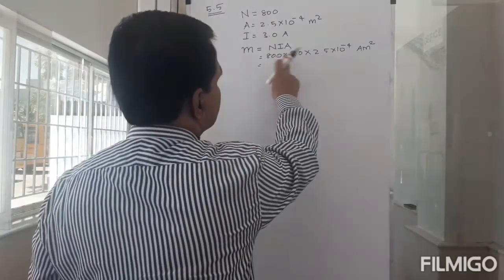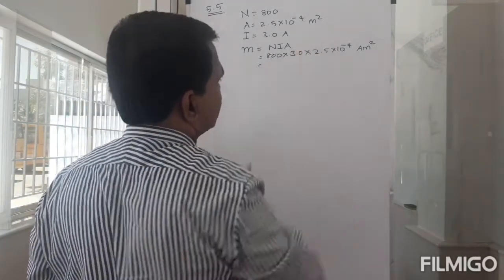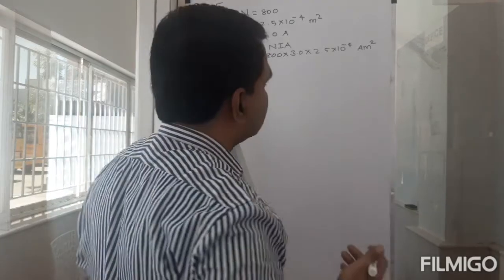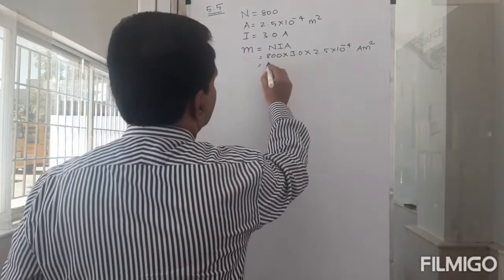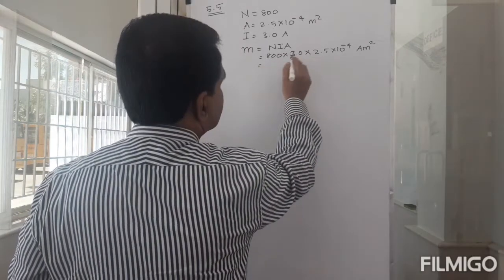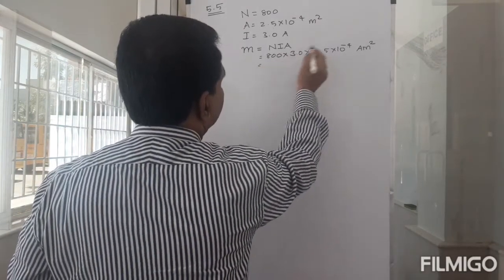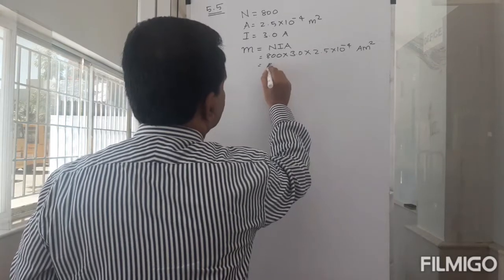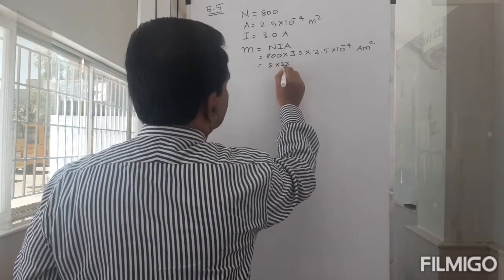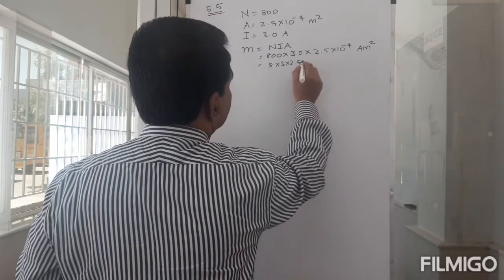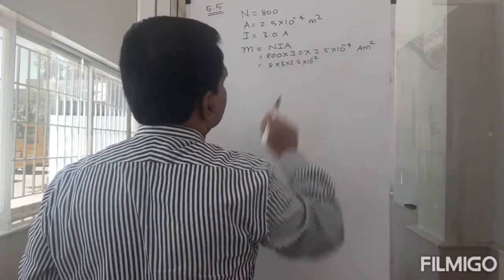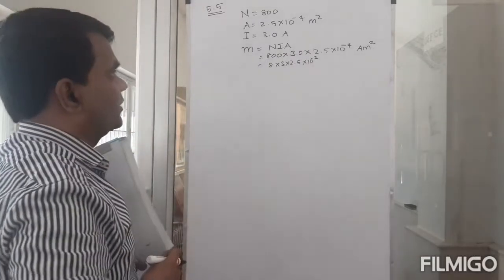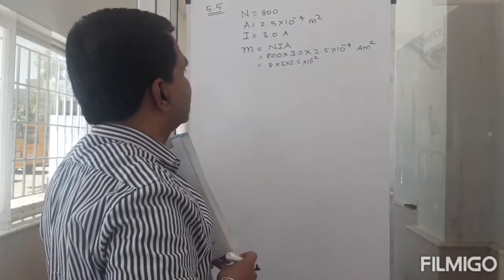Let me just take it this way: 8 into 3 into 2.5 into 10 power minus 2. I'm getting rid of zeros actually.